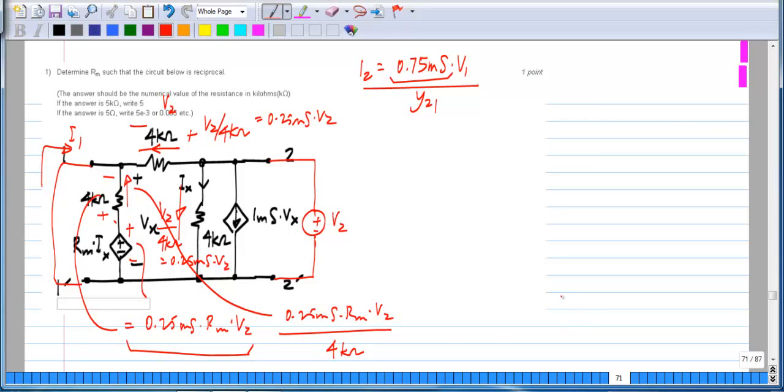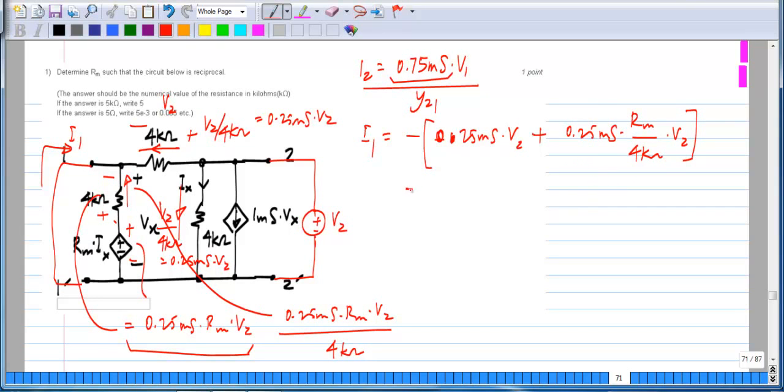Okay. So the total current I1 equals the negative sum of this current and that current. Okay. So it is equal to negative of 0.25 millisiemens times V2 plus 0.25 millisiemens times Rm divided by 4 kilo ohms times V2.